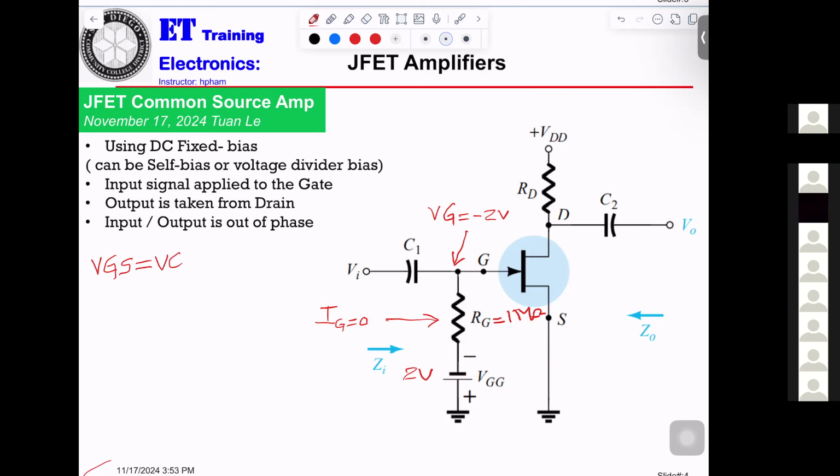VG minus VS, and VS equals 0, right? Yes. Okay, so that means you get VGS equal minus 2 volts.